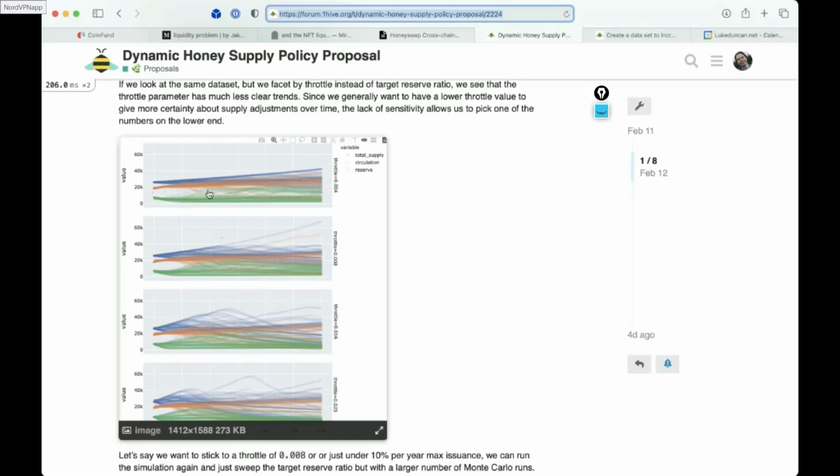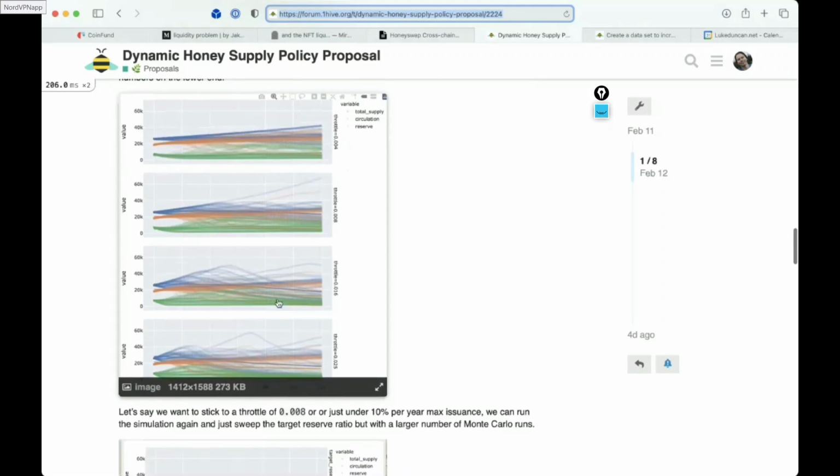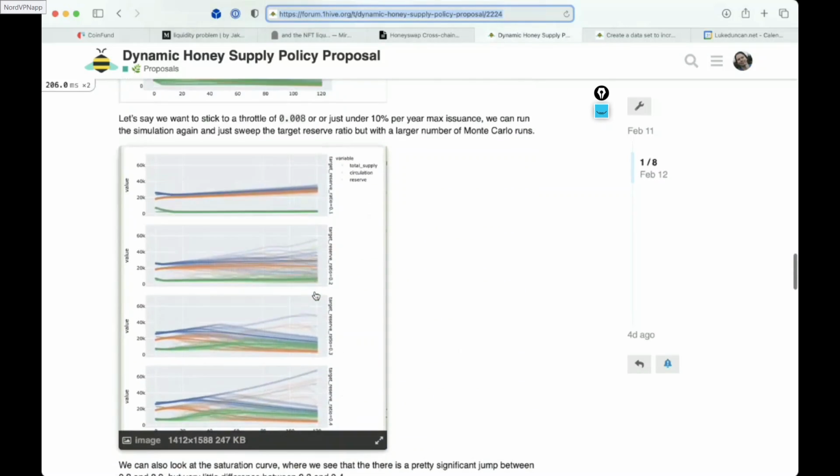So that's why this chart looks kind of fuzzy, because you're seeing a trend across multiple runs, but you also see faint, more transparent blue lines. That would be an individual instance. So you're seeing the overall trend, the sensitivity and the variability, as well as the actual results.